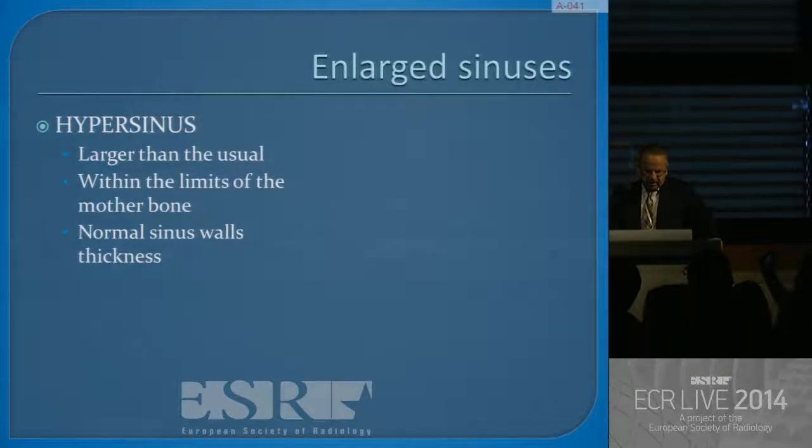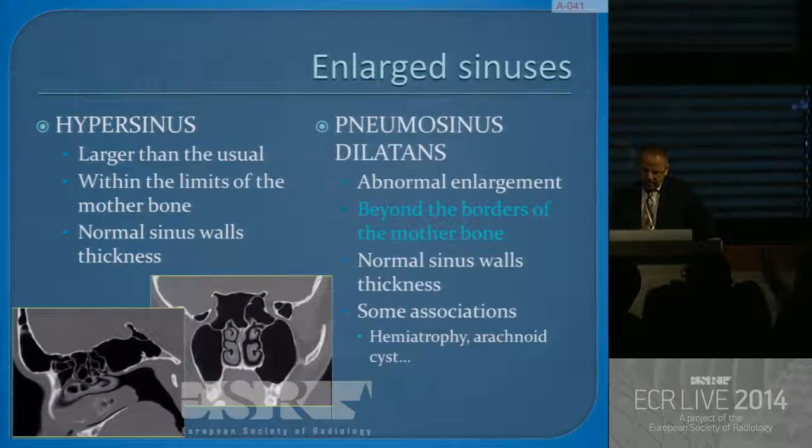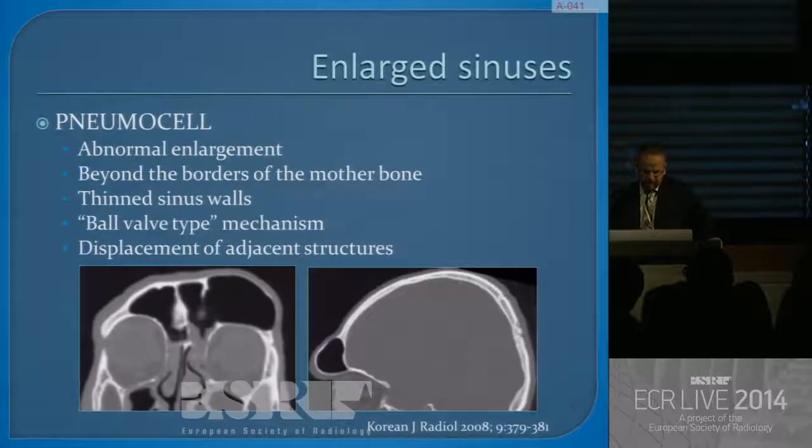When the sinus is enlarged but within the limits of the mother bone, it's called hypersinus. When the sinus grows beyond the limits of the mother bone, that is called pneumosinus dilatans, which may be associated with some anomalies, such as semiatrophy or arachnoid cysts.